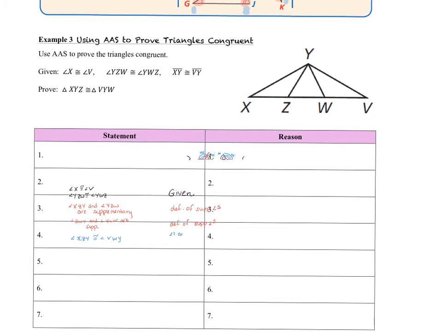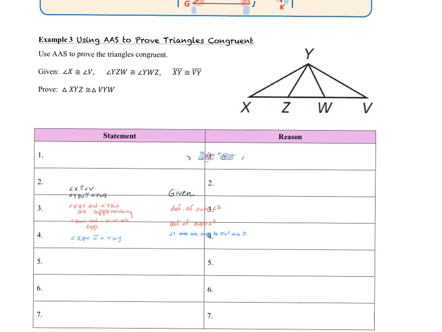Because angles, I forgot the word, angles that are congruent, no, not congruent, angles that are supplementary to congruent angles are congruent. Angles that are supplementary to congruent angles, the ones I marked with the blue, must be congruent.